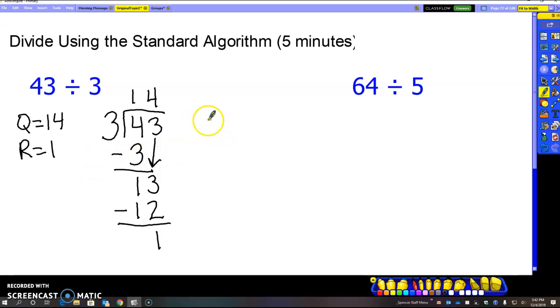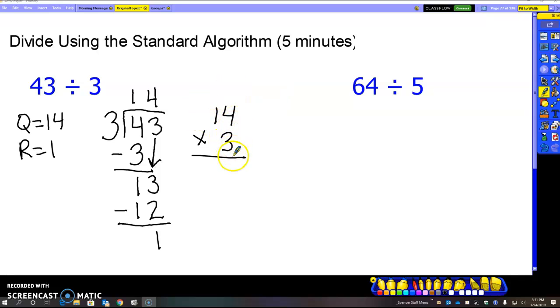To check my work, I take my quotient, that's up here, and I multiply it by my divisor. I'm going to take my 2 pieces and multiply them and see if I end up with my dividend.